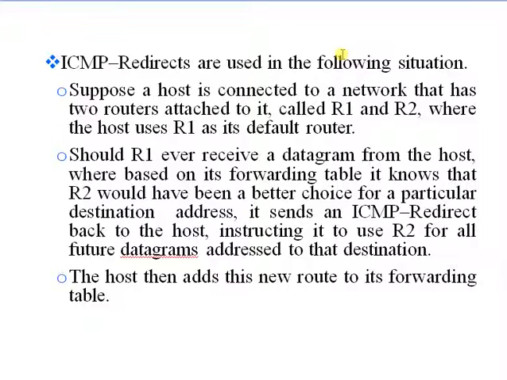Should R1 ever receive a datagram from the host where, based on its forwarding table, it knows that R2 would be a better choice for reaching the destination, it sends an ICMP redirect back to the host, instructing it to use R2 for all future datagrams to that address, so that the path and the cost are reduced. The host then adds a new route to its forwarding table for efficient reachability to the destination.